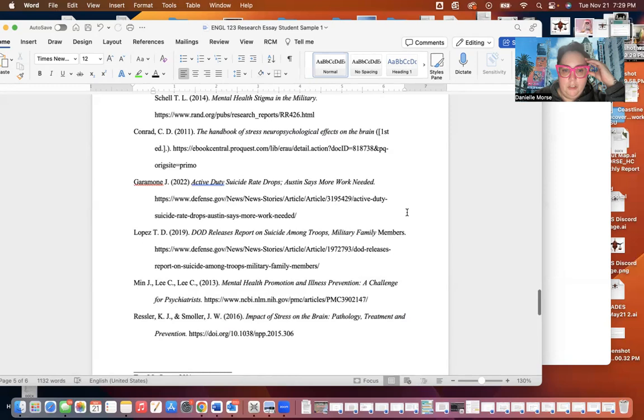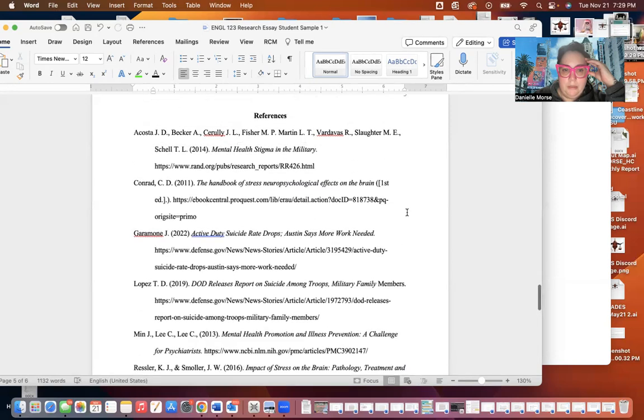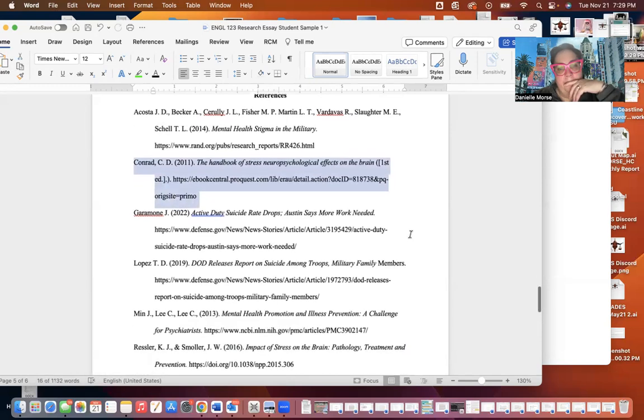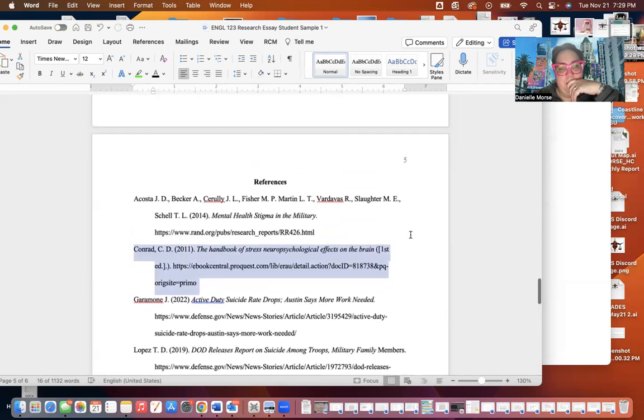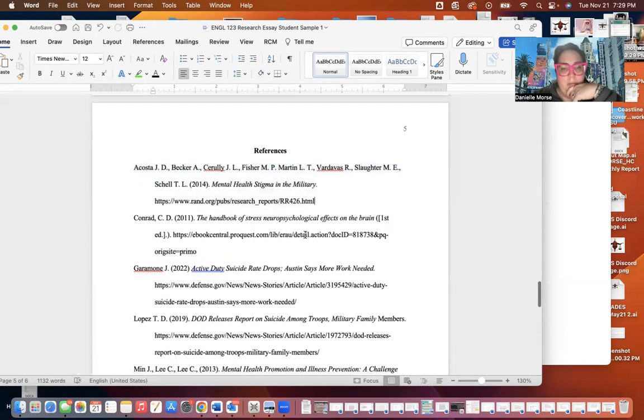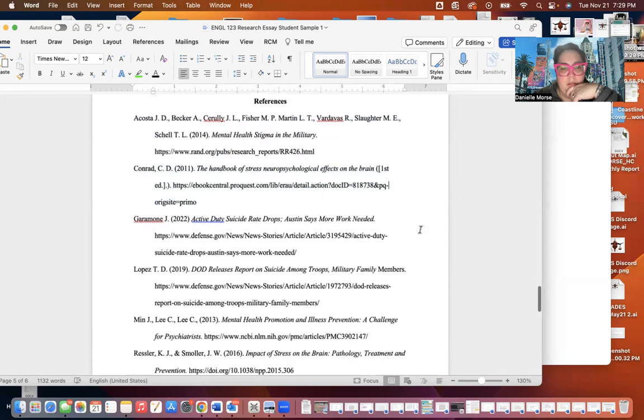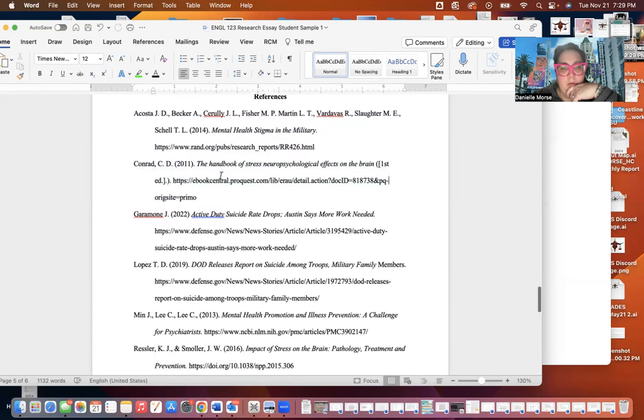There's a combination of scholarly and substantive. There's also a book here. Right, because this is probably a scholarly source that is missing information. It's missing the volume and a potential issue, a page range. This is a book, right? It says handbook, and it's noted as ebook central.